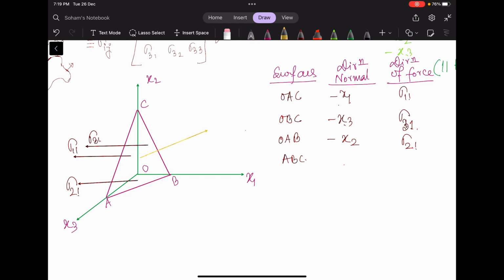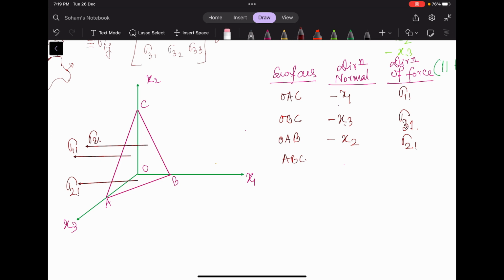If I project this outward normal like this, it is in the positive x1 direction. So to consider the surface force positive, we have to show it in the positive x1 direction.